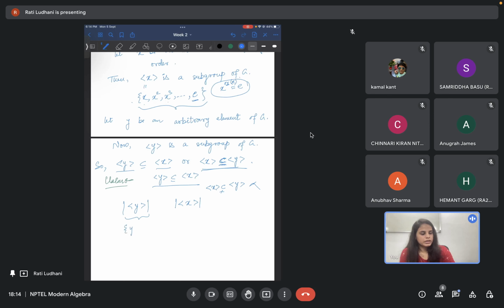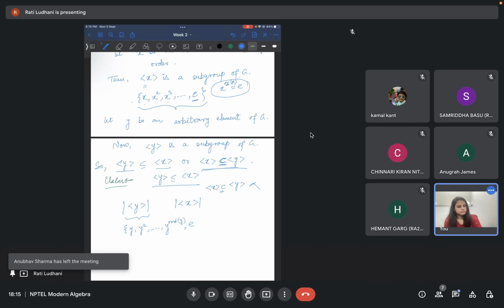So y is y, y square, up to y raised to the order of y, which is the identity. So you have this set, and on the other side the set x, x square, up to x raised to the order of x. So you have two sets. Now can you tell me why this one is bigger or equal? It is possible, but it can never be smaller.